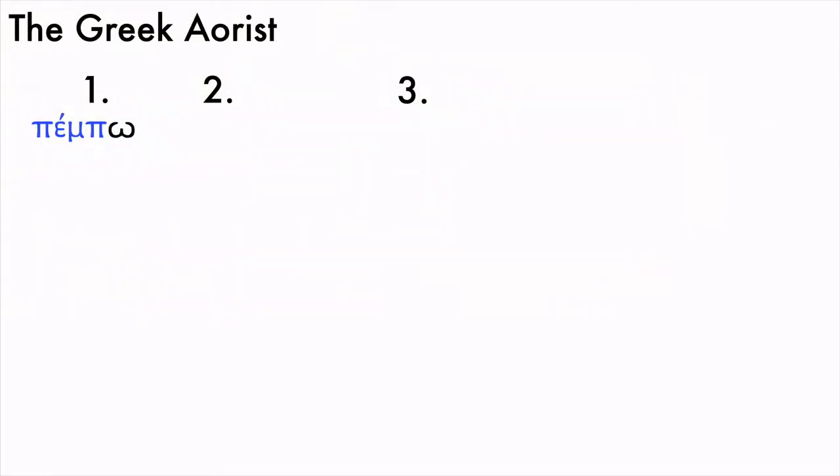Pempo in the future was pempso. And you remember why? Our characteristic sigma merged with the P of the stem. And all the rules that we learned for those combinations will still apply for the aorist.